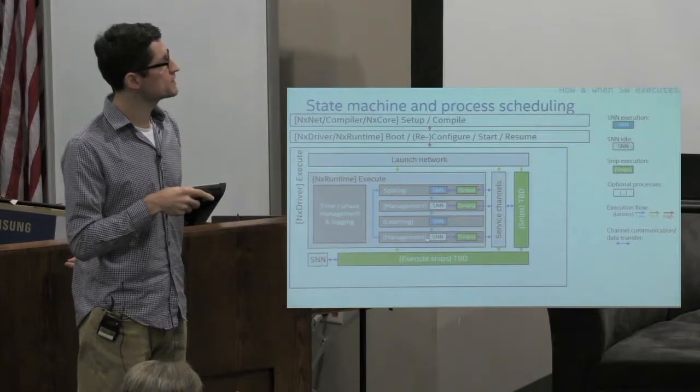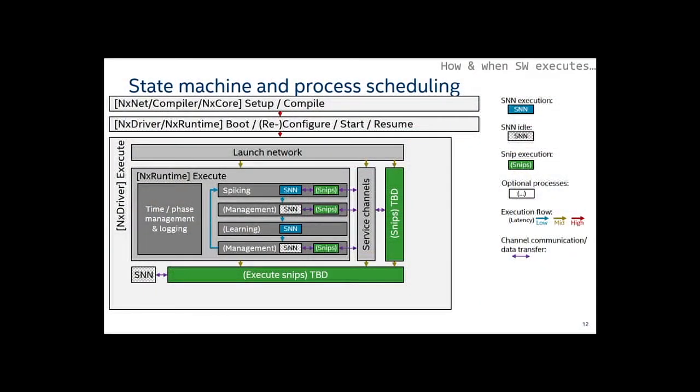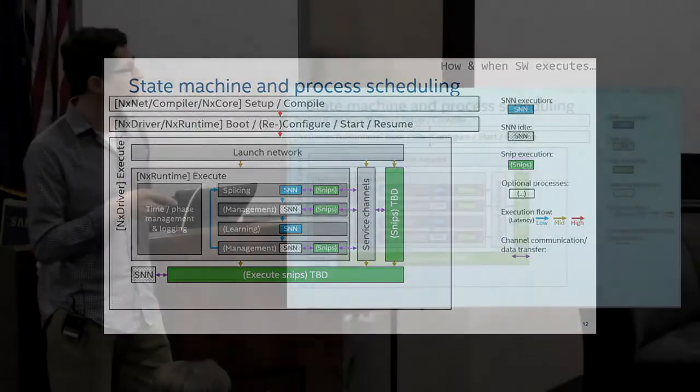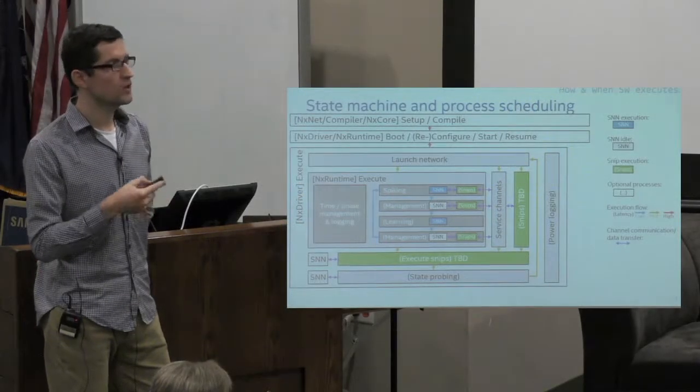And once you reach this termination criteria, you would jump out, hand control back from this NX runtime execution loop to the NX driver, where you can, again, run further SNPs if you have configured any of them. And eventually, at the end of this stage, do any state probing.